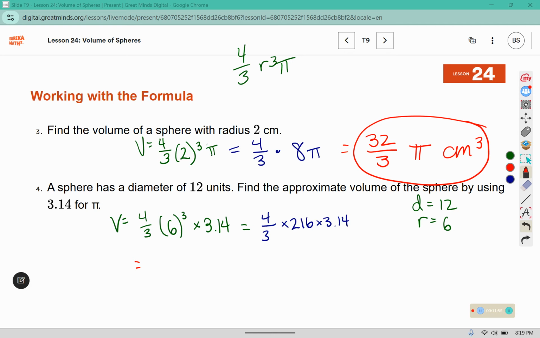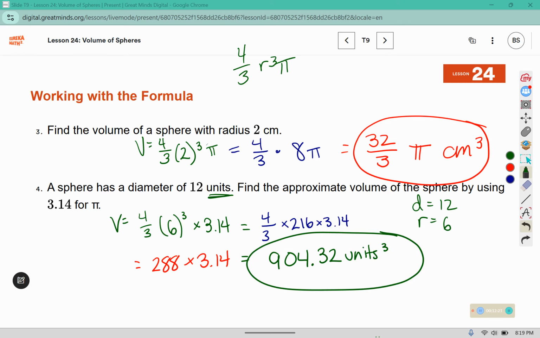This whole piece comes out to 288. And then we still need to multiply by pi, which is a volume of 904.32 units to the third power, or units cubed.